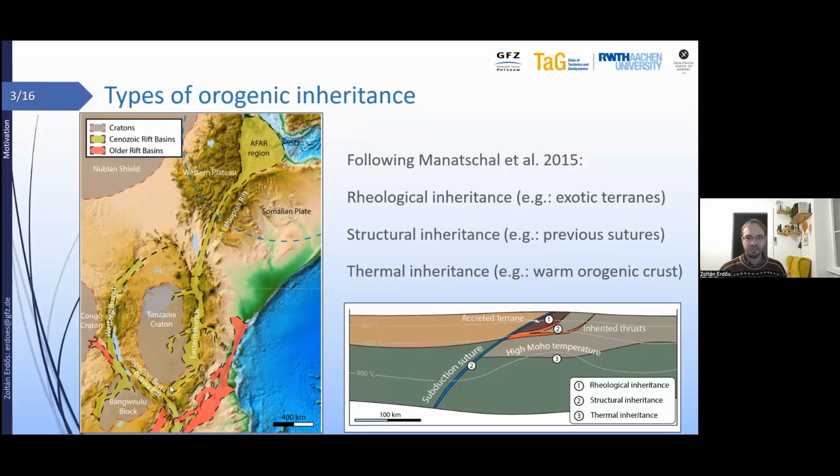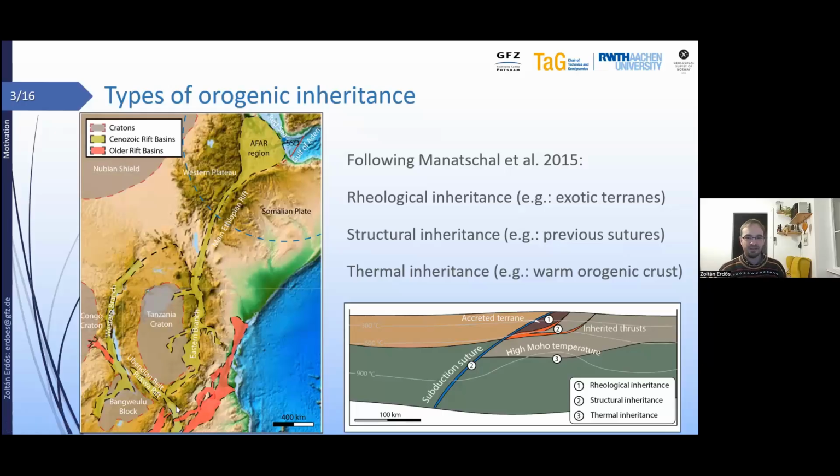That is a former shear zone, a former suture, Precambrian in age, coming from the collision of the Tanzanian craton and the Bangweulu block south of it, and it now hosts the Rukwa Rift that connects the western branch back to the southern zone of the East African Rift system.